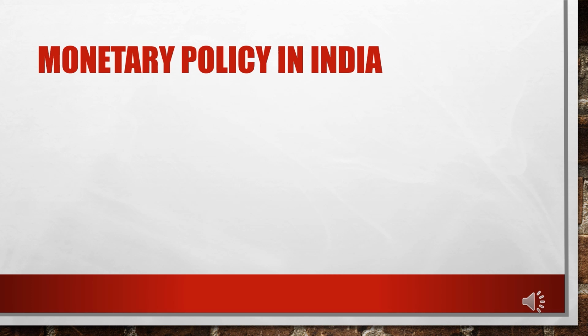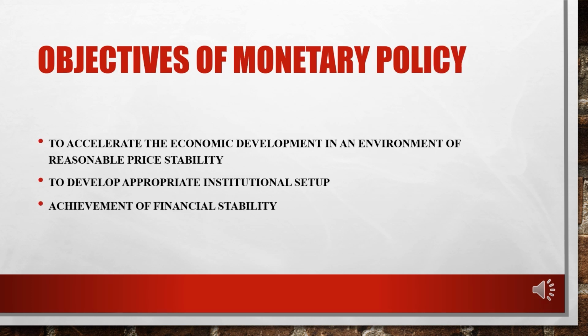One is monetary policy, second is fiscal policy, and third is foreign exchange policy. This monetary policy is totally regulated and controlled by the central bank, and in the Indian context, this is the Reserve Bank of India. The fiscal policy is controlled by the government, and the forex policy is also governed by RBI.